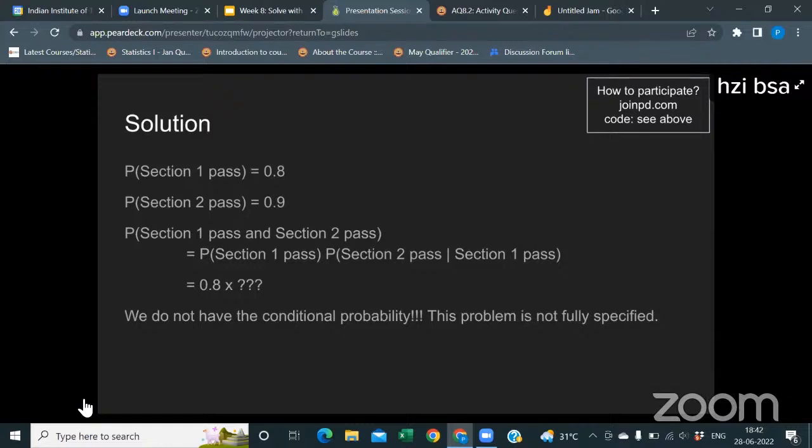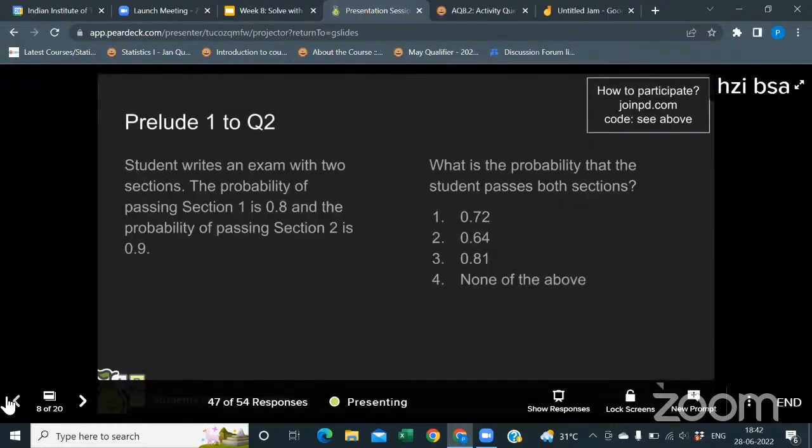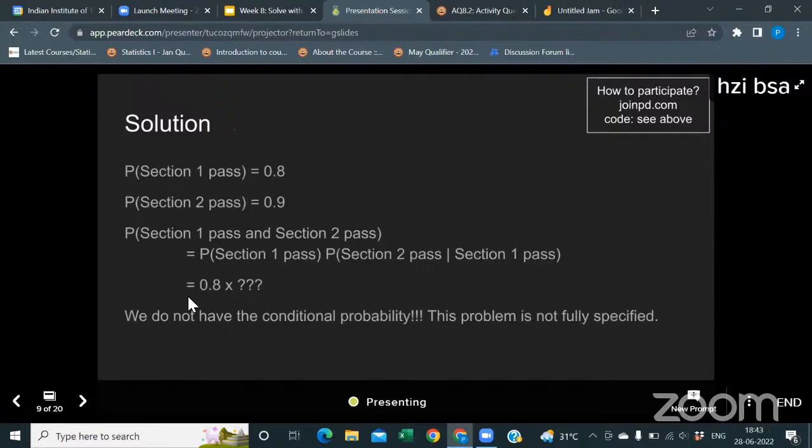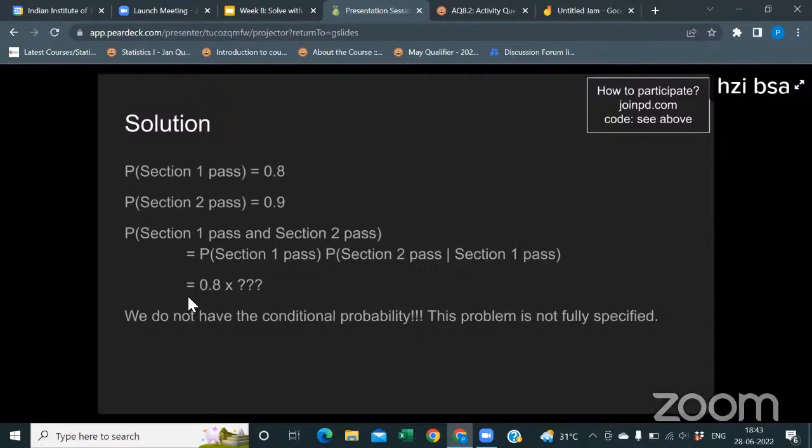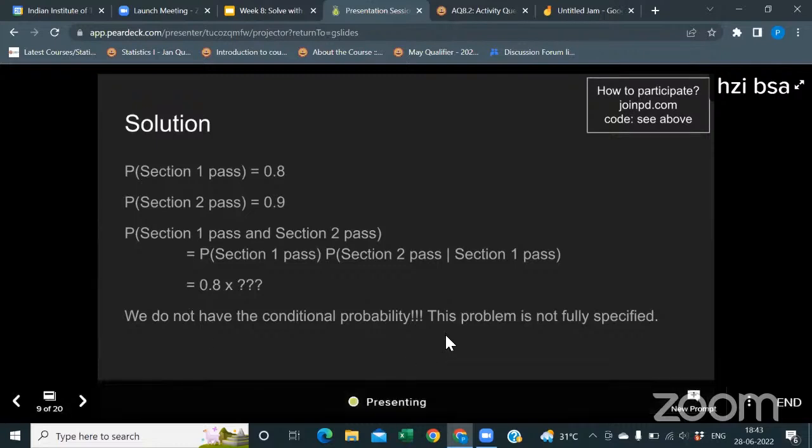And in the question, we have to find the probability that the student passes both sections. But independence is not given here. In this question, actually, the problem is not fully specified in terms of what is given and what is not given.